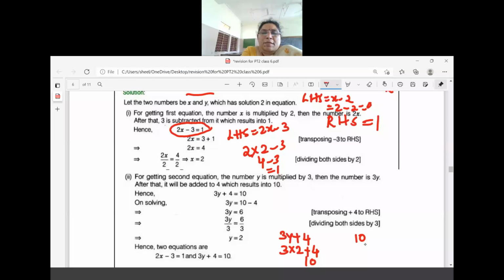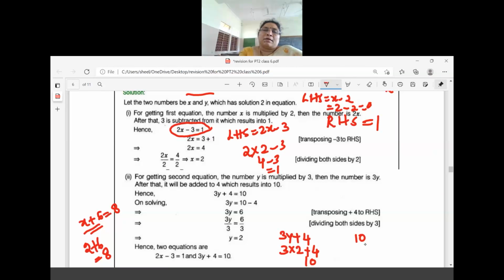Suppose I write x plus 6 equal to 8. I want the result as 8. Now I can put LHS x plus 6, so 2 plus 6 I'll take. So you are getting 8 only. Like that we can take.